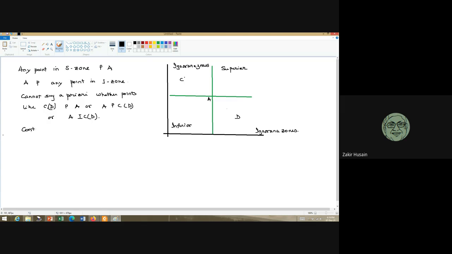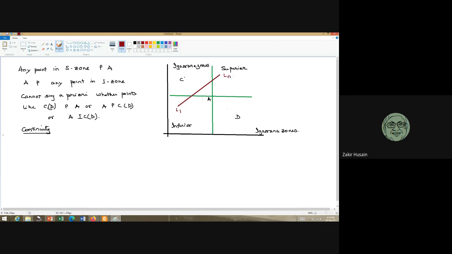Then we incorporate the axiom of continuity. What continuity does, it takes a point like this. Let me call this L1, and I'm calling this Ln.